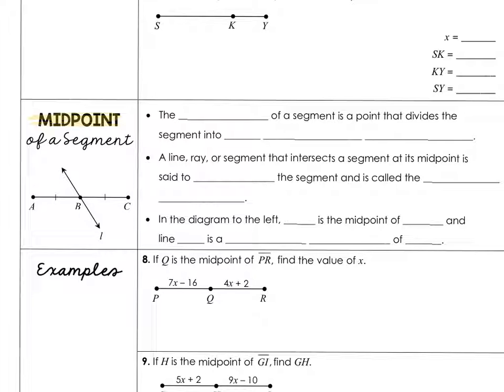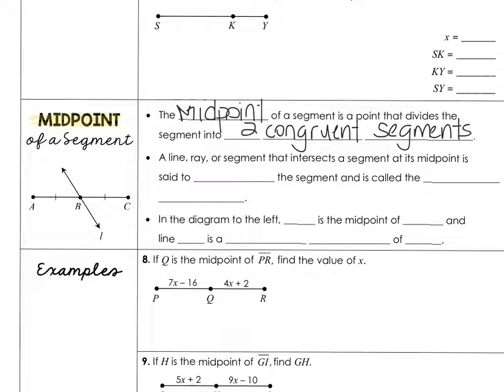So the first thing we want to do is define what a midpoint is. The midpoint of a segment is a point that divides our segment into two congruent segments.